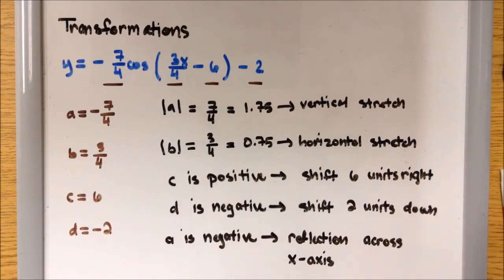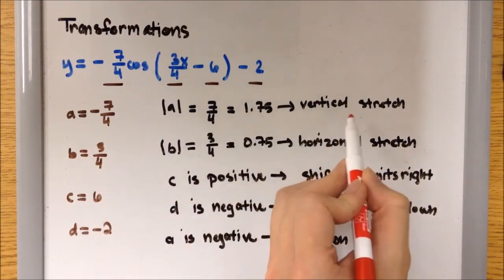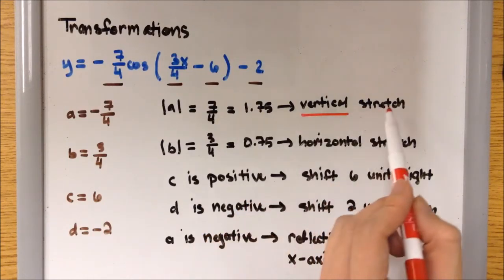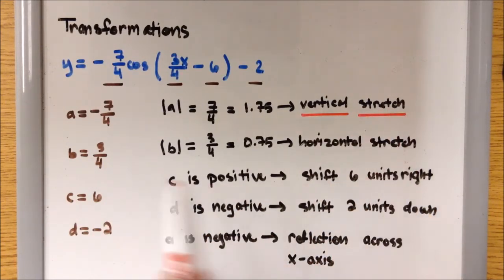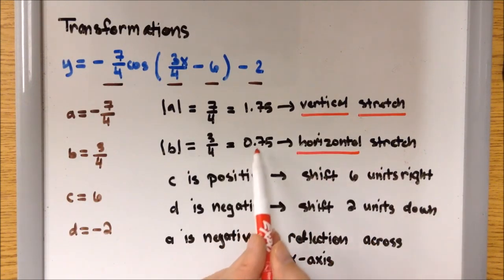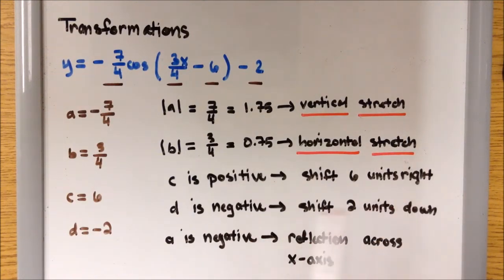So in this example, just like the last one, we have 5 transformations. The first one, we have an A value, so it's a vertical dilation. Since it's more than 1, it's a vertical stretch. Since we have a B value, it's a horizontal dilation. Since the B value was between 0 and 1, it's a horizontal stretch.